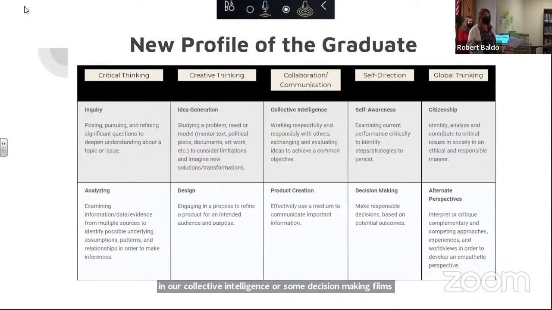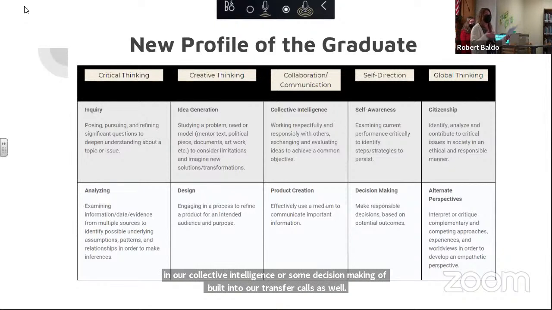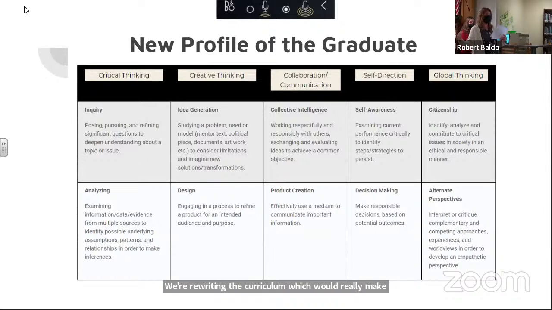So when we're rewriting the curriculum, we could really make sure that everything aligns really nicely, so that we have a transfer goal and one of our profile of graduate capacities that really go nicely, and then we can really use this document to look at what enduring understandings and essential questions will really best fit.